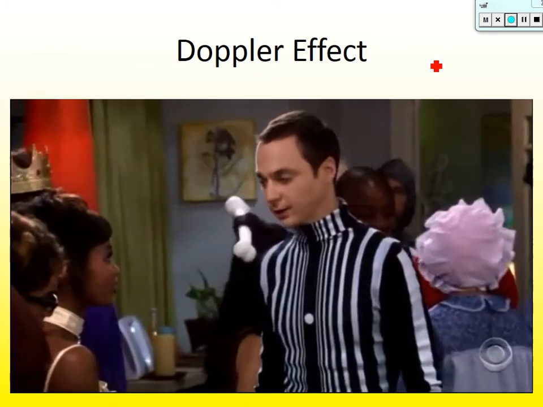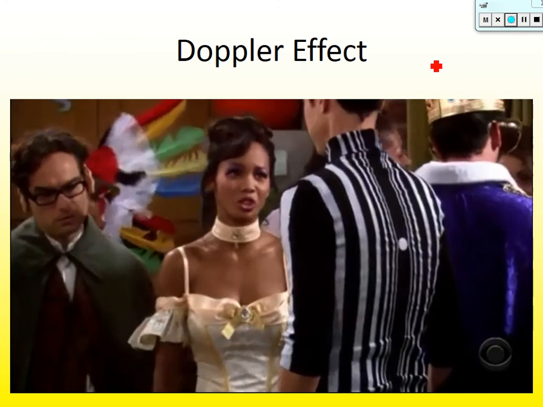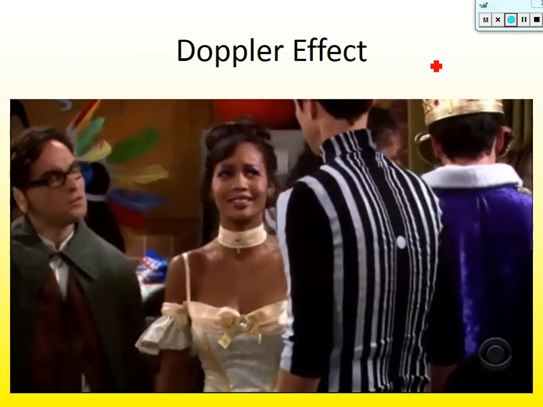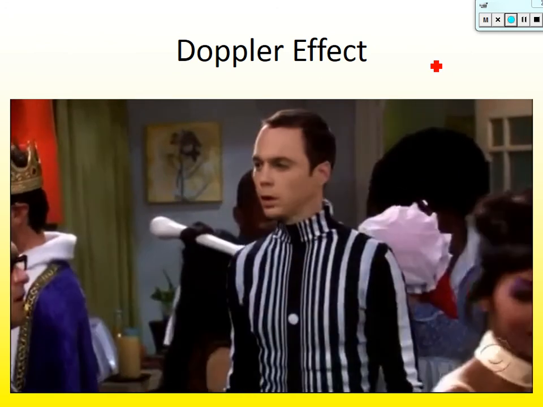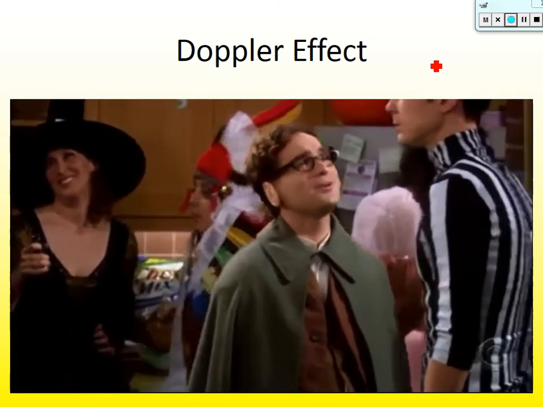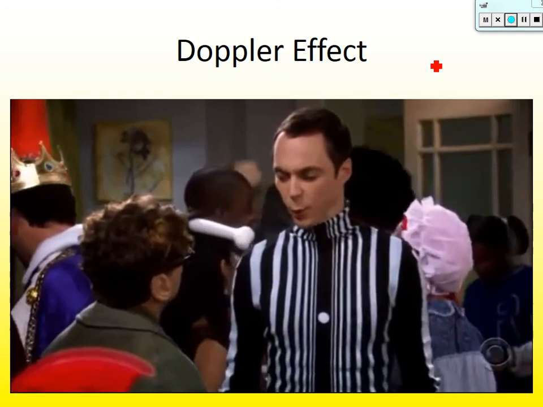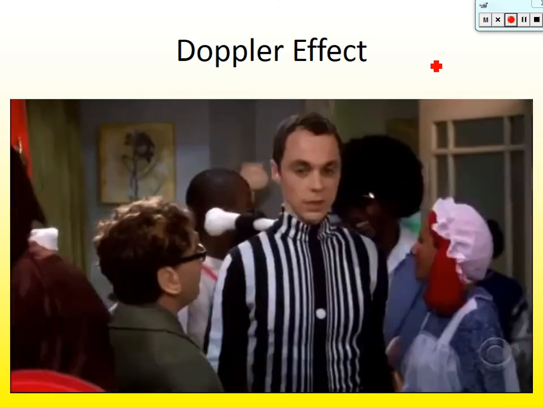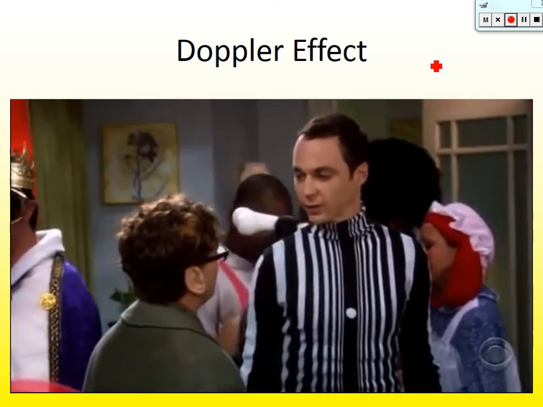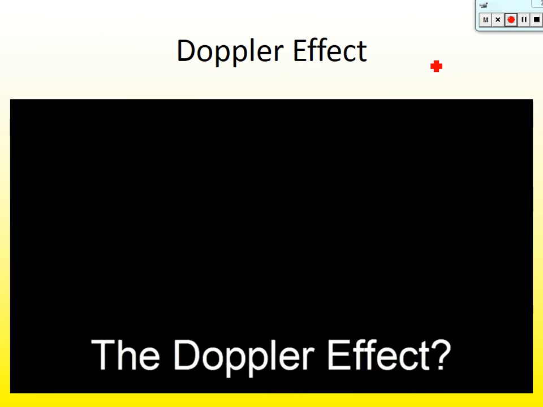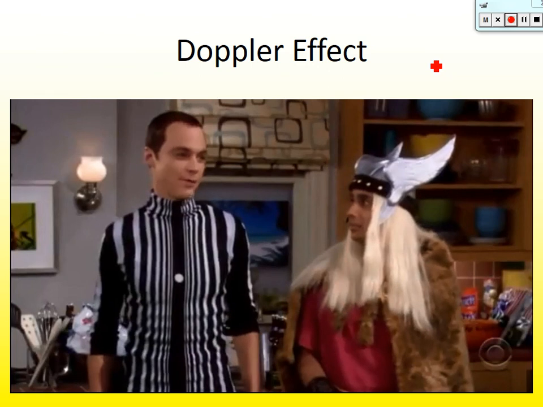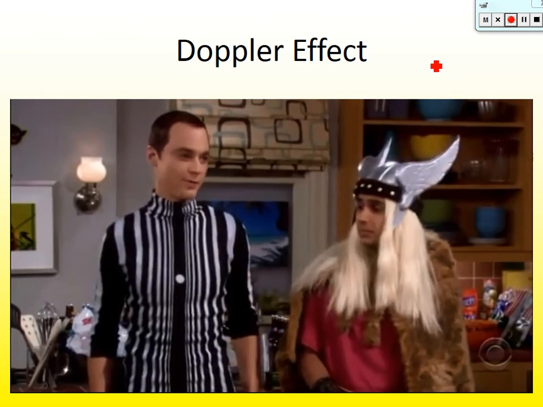I'm the Doppler effect. Okay, if that is some sort of learning disability, I think it's very insensitive. Why don't you just tell people you're a zebra? Why don't you just tell people you're one of the 7 dwarves? Because I'm Frodo. Yes, well, I'm the Doppler effect. It's the apparent change in the frequency of a wave caused by relative motion between the source of the wave and the observer.